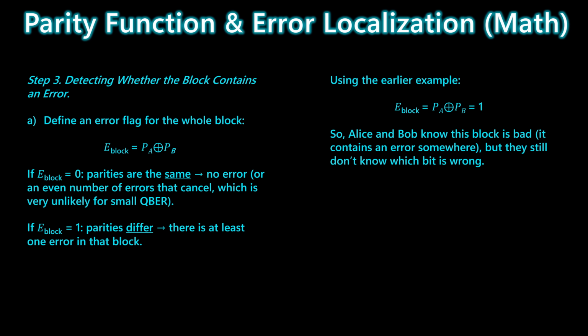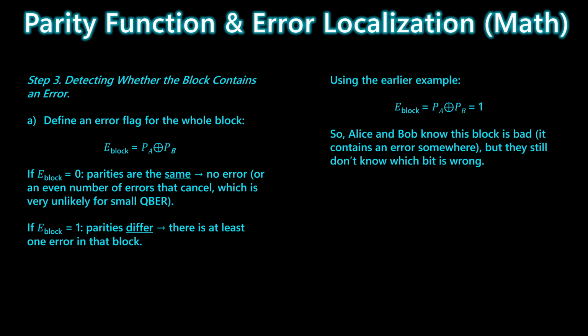Now that Alice and Bob each have a parity value for their block, the next question is simple. Do those two parities match? If the parities are the same, it means the block is clean. Or at worst, there were an even number of errors that canceled each other out, which is extremely unlikely in a low-noise quantum channel. But if the parities differ, that immediately tells them something important.